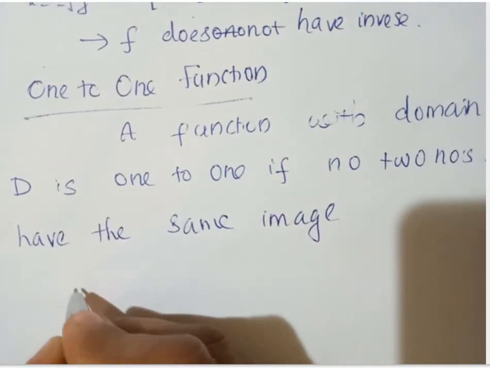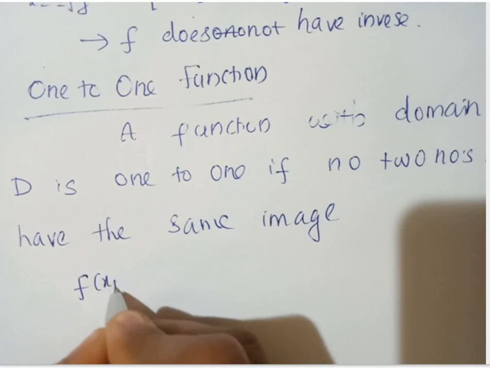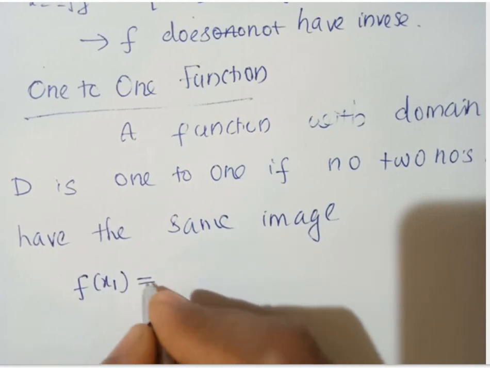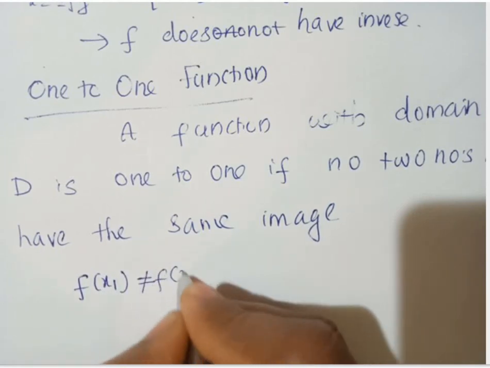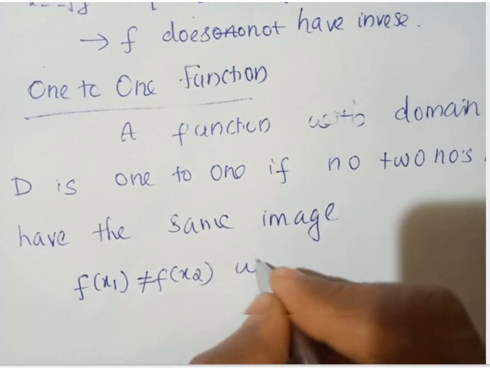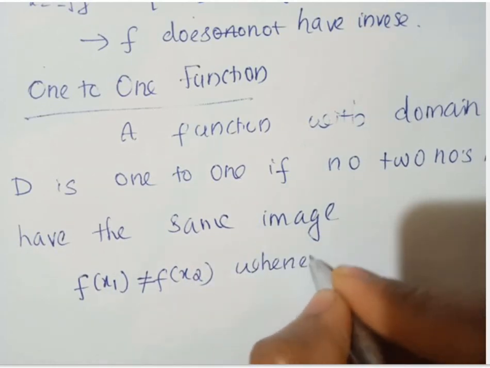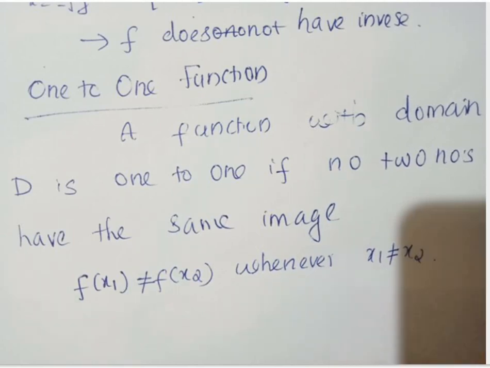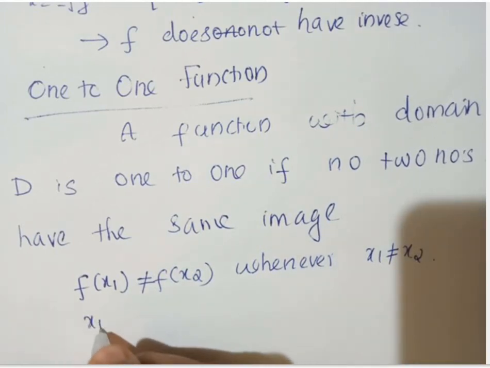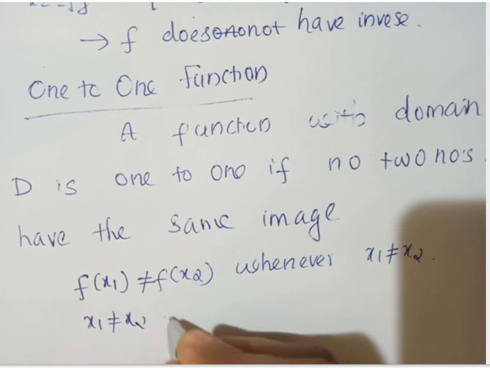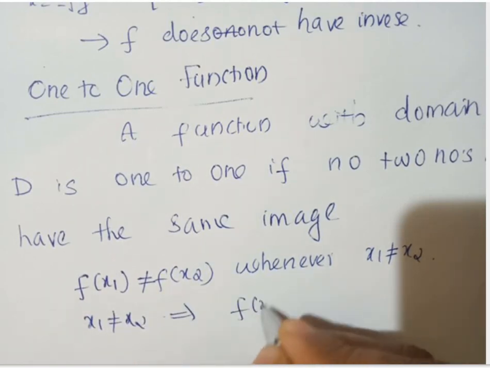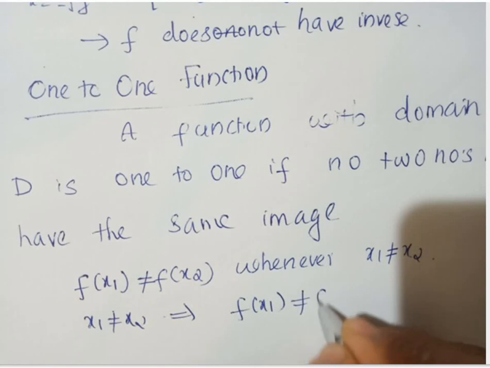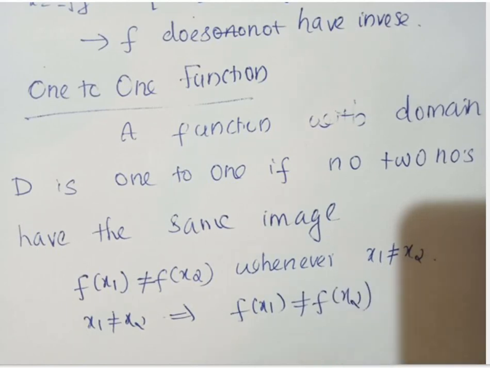That is, mathematically we can write f of x1 not equal to f of x2 whenever x1 not equal to x2. That is, x1 not equal to x2 implies f of x1 not equal to f of x2.